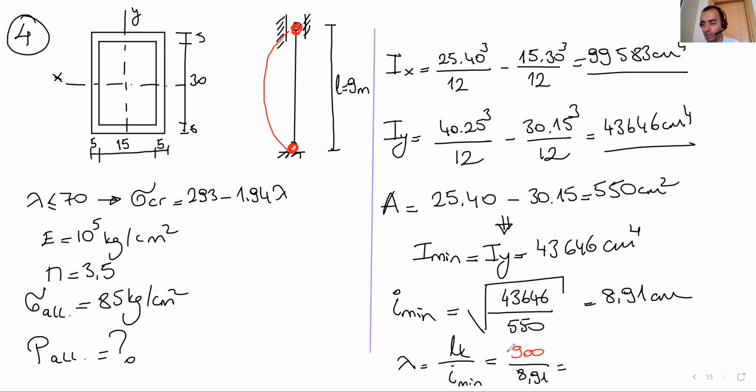Equals, what is lambda? Okay, here, according to this one, we need to use Euler's theory. Okay, Euler's theory. Let's do it.